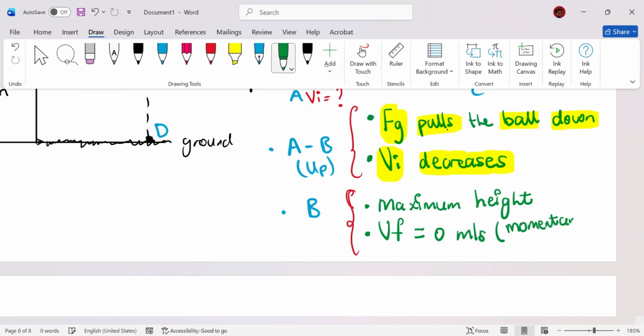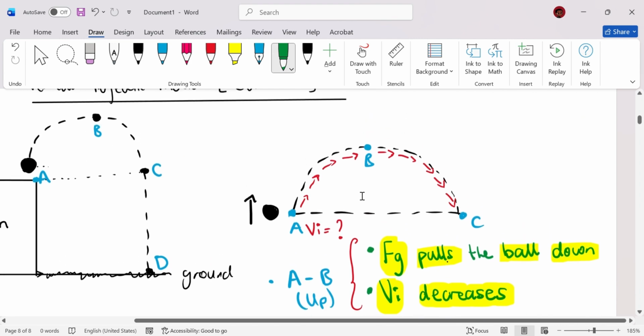The reason I say momentarily, guys, is because it doesn't just stay there forever. It must come down. So for that particular period of time, it becomes stationary. So it is momentarily at rest, before it eventually comes down, right?